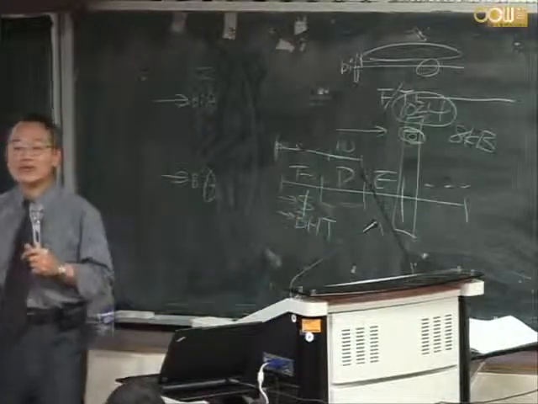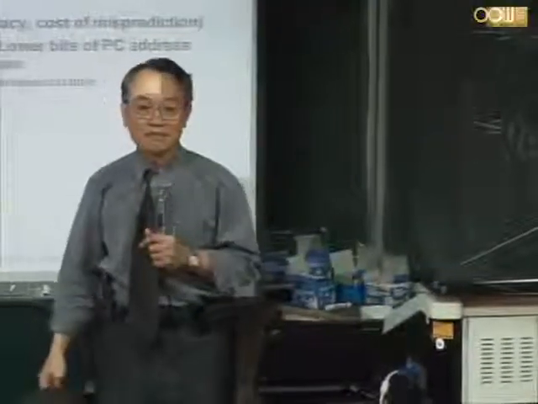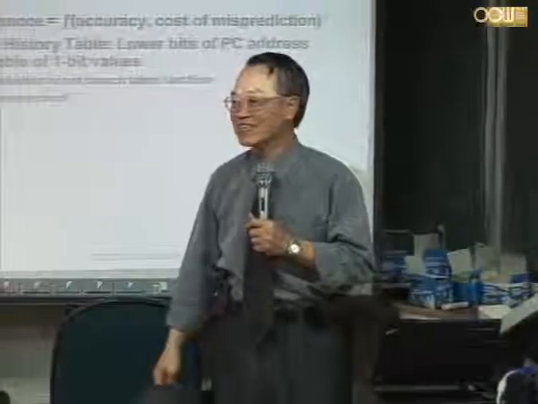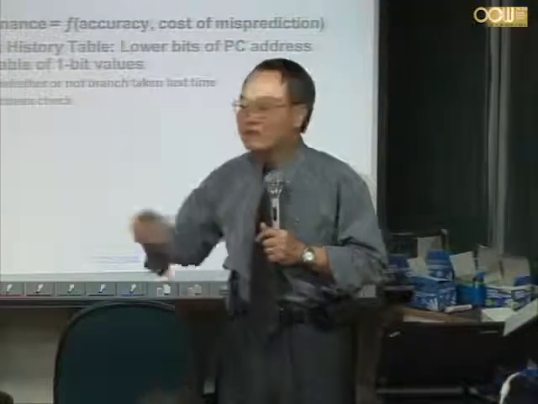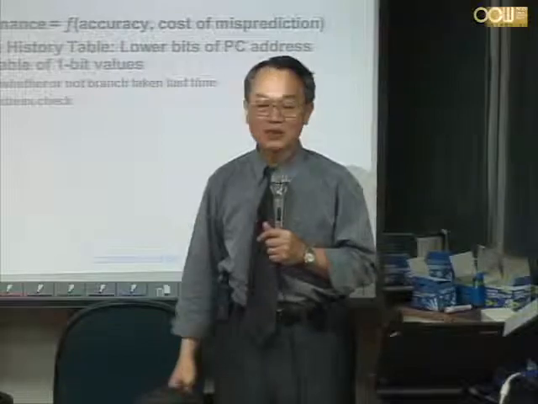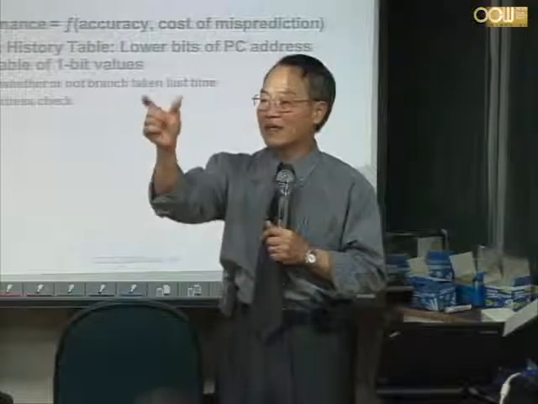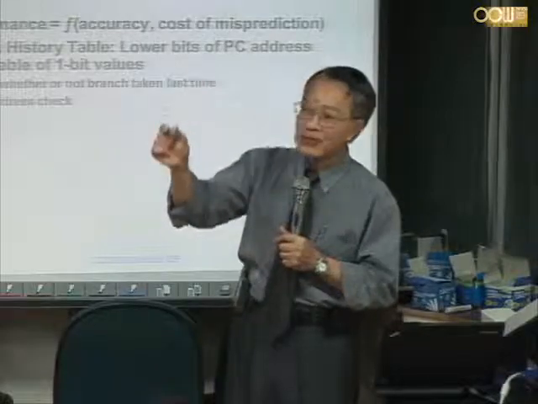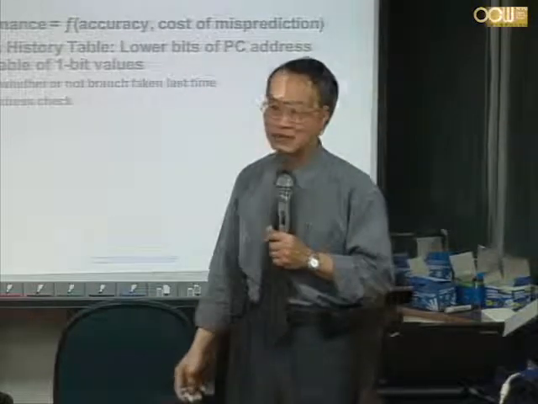Guess which one will return the results first? History table, it's a lot easier. Okay, it never misses. It's a very small table. It doesn't need to do tag match and the byte selection within the line. It doesn't have to do all those.